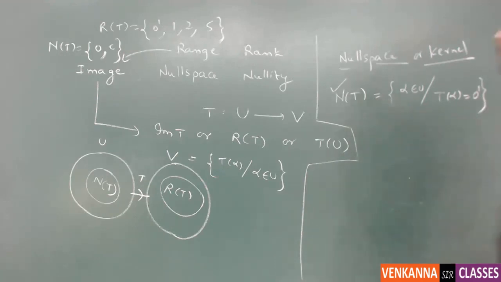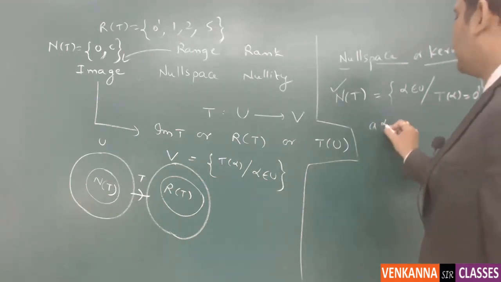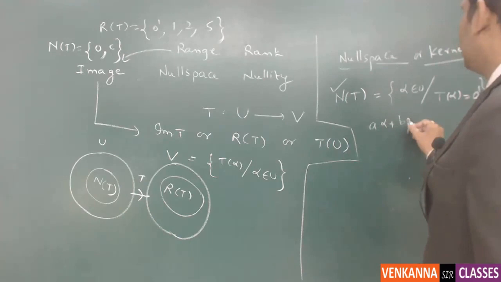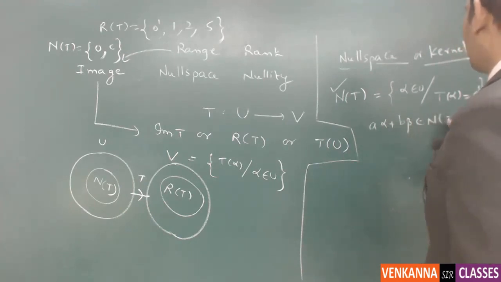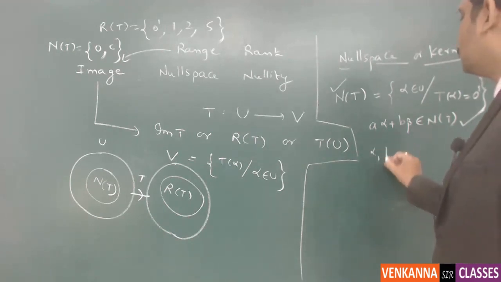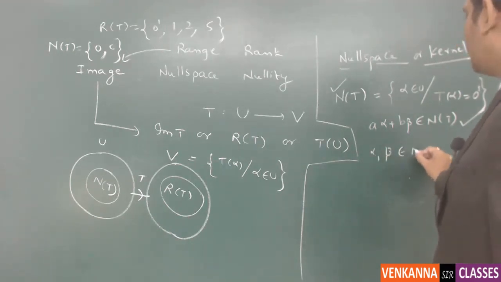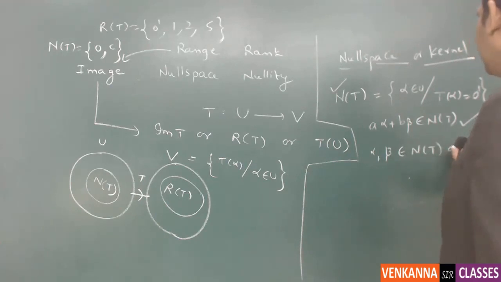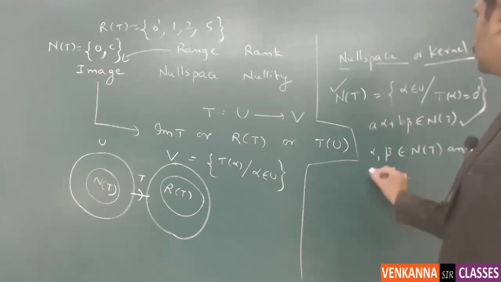So if I am able to prove that A alpha plus B beta belongs to N of T, then I can say that N of T is a subspace. So for that I am going to take two vectors, alpha, beta belong to N of T, and two scalars, a, b belong to F.